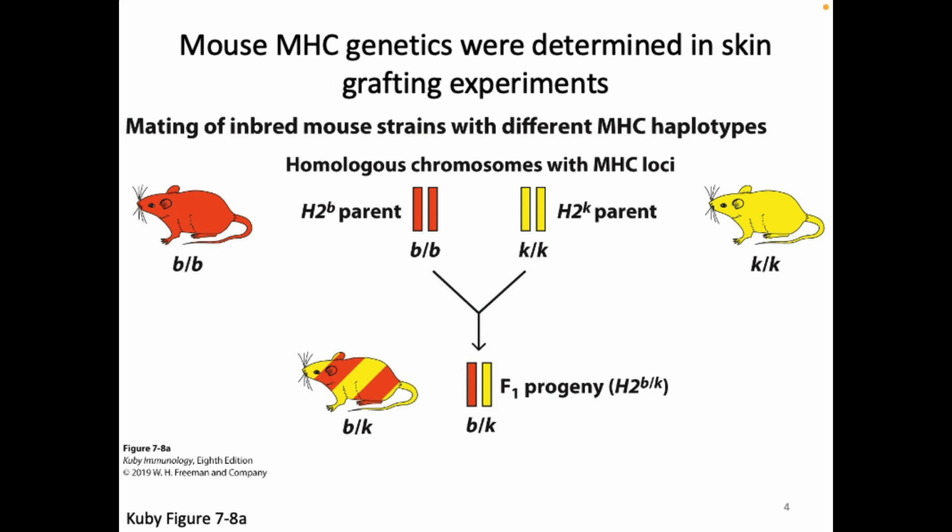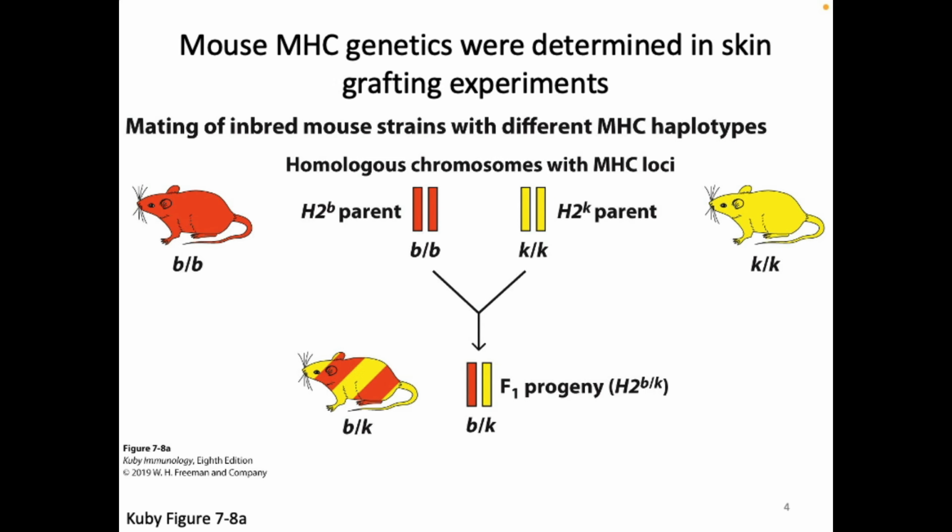The orange one has 2 copies of the B genome, while yellow has 2 copies of the K genome. And they could breed those 2 mice together to make an F1 progeny that had 1 copy of the B genome and 1 copy of the K. It got the B from the B parent and the K from the K parent. And so you can see it's both orange and yellow.